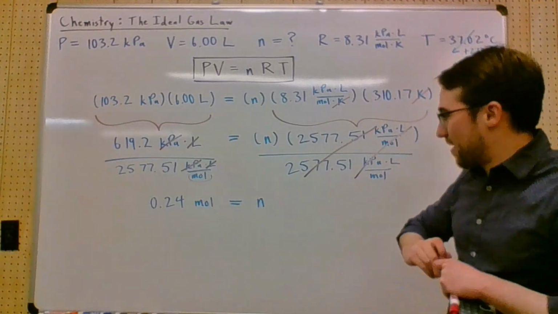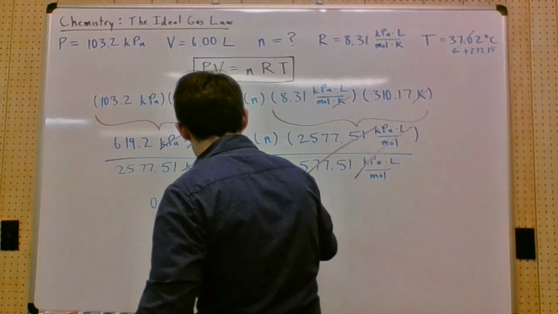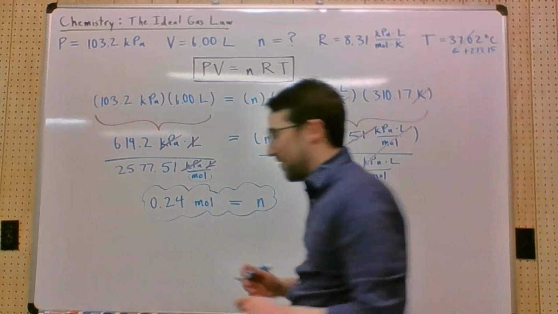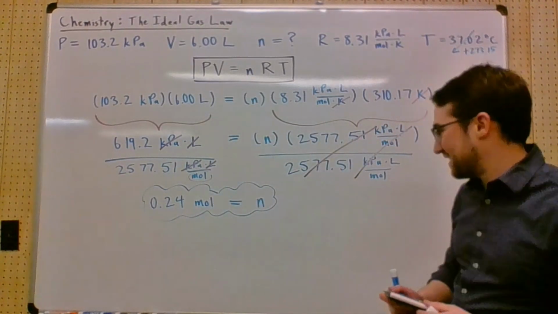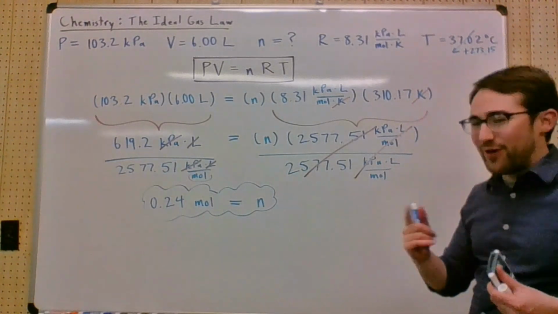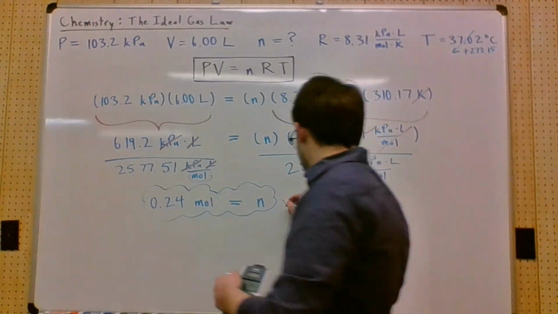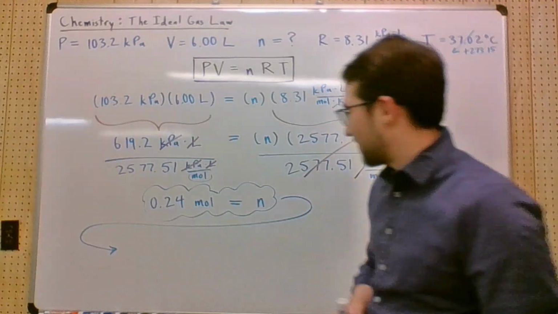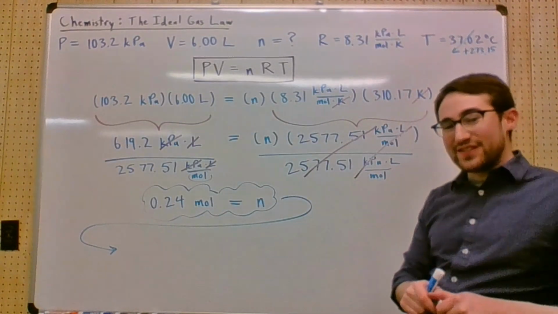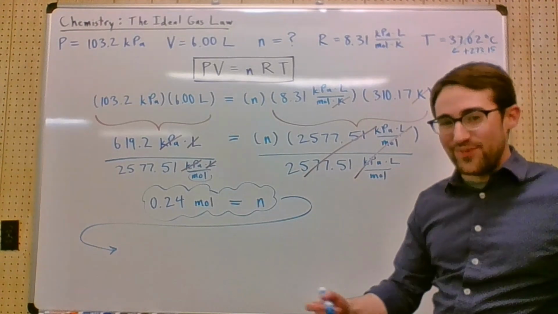Okay? Now you may remember, this is part of it, but we want to figure out how many grams of that gas is. So we're not quite done with this. All right? I want to convert this into grams by getting rid of moles.